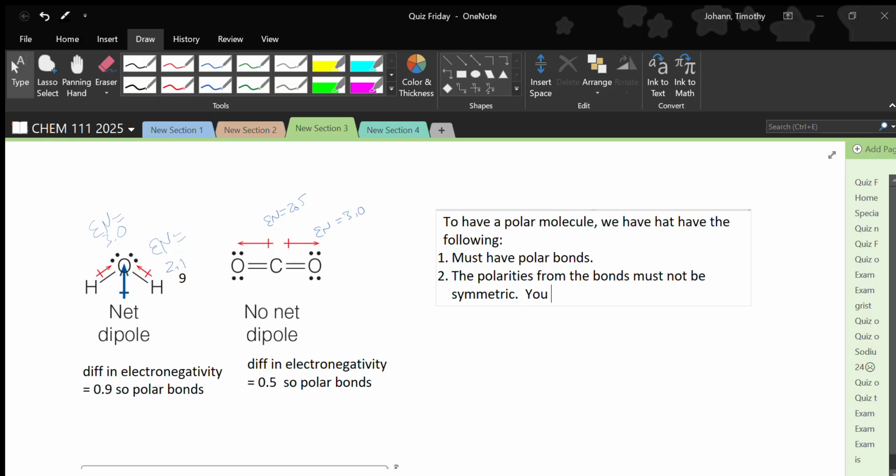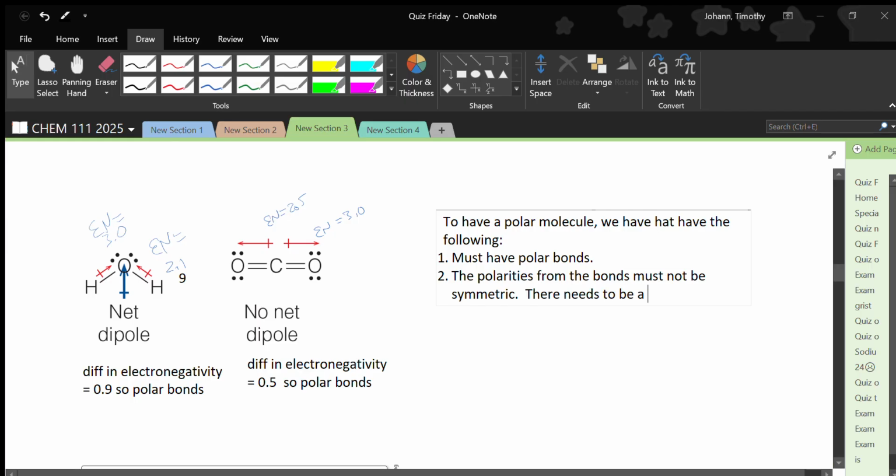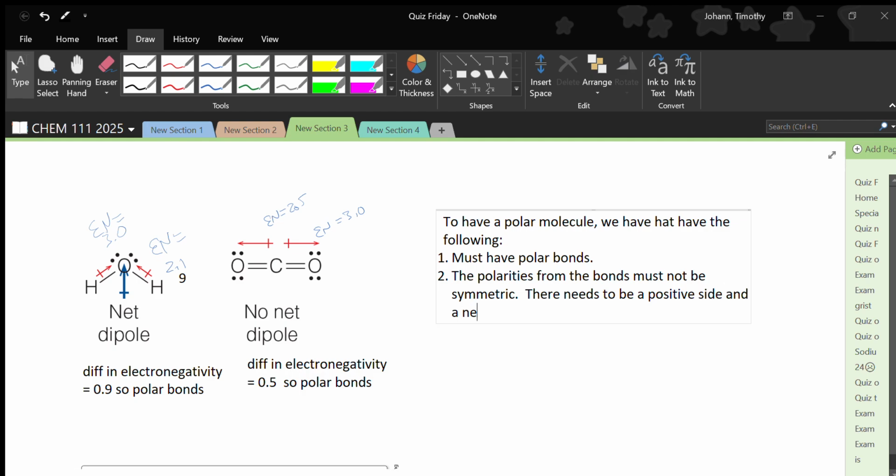All right, so my rule is, we talk about symmetry, we talk about them canceling, but there needs to be a partial positive side and a partial negative side, at least partial. Does that make sense? Have to have a partial side, at least partial positive and partial negative.